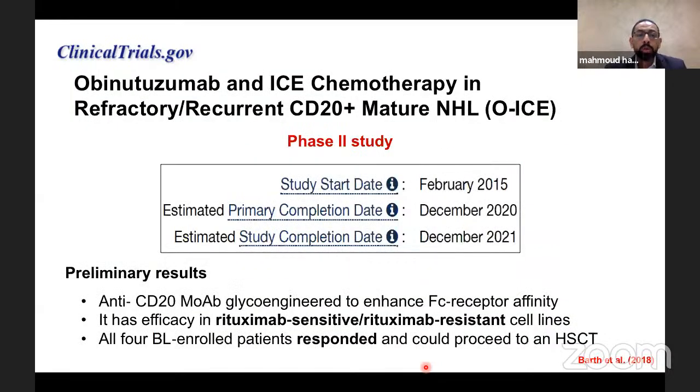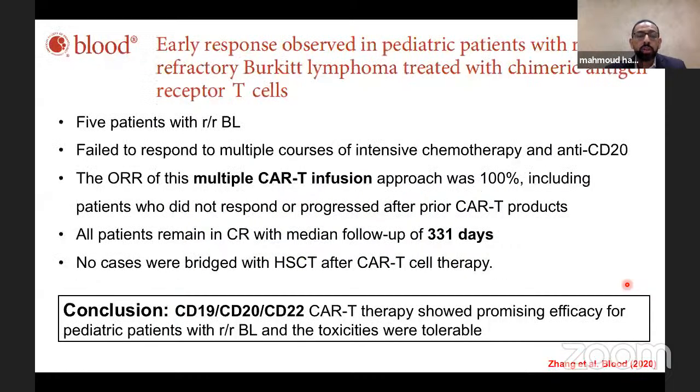Also, obinutuzumab, which is one of the anti-CD20 monoclonal antibodies, will complete its study in December 2021. It showed efficacy in rituximab-sensitive as well as rituximab-resistant patients, and all patients included responded and could proceed to stem cell transplantation.